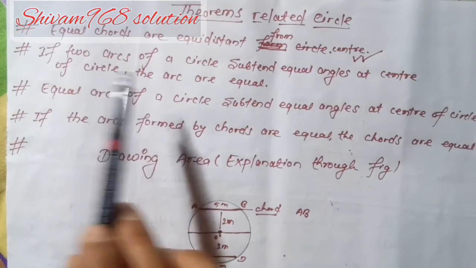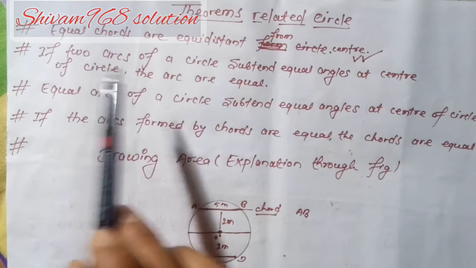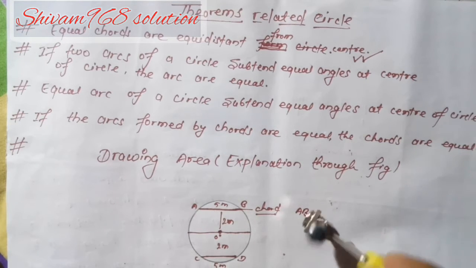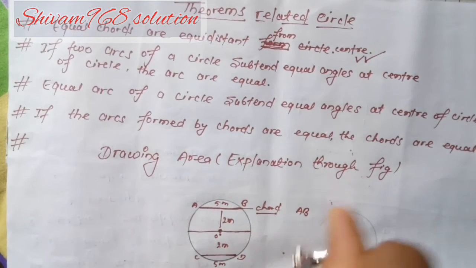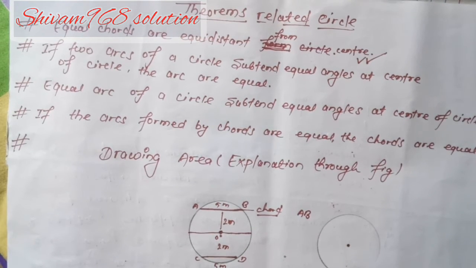The next one is: if two arcs of a circle subtend equal angles at the center of the circle, the arcs are equal. Let me draw a new figure. This is the center, and A and B are points on the circumference.